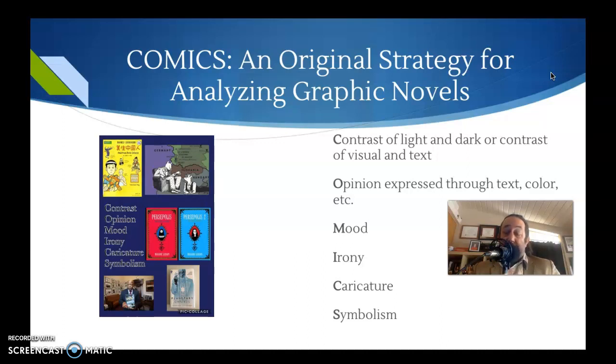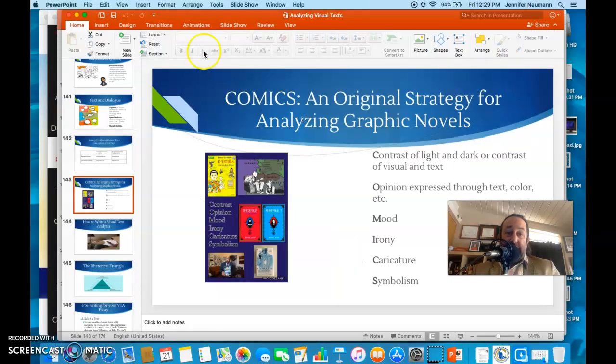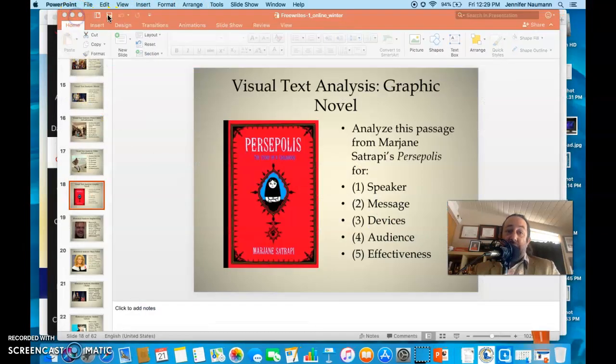So this may not be the answer, but this will probably help you out as far as finding the answer. Odds are that these devices are used in basically any graphic novel. Obviously, they may not be the ones specifically that you're looking for, so you do have to consider other alternatives.